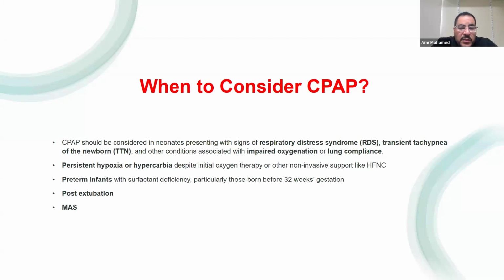Any preterm infant with surfactant deficiency, particularly those born before 32 weeks gestation, will get good benefit from CPAP. Also, as a transition or step down from ventilation, so post-extubation CPAP for a short period, so we can step down to low flow oxygen. Meconium aspiration syndrome is one of the indications of CPAP as well.